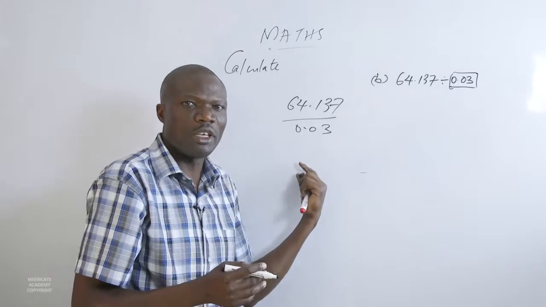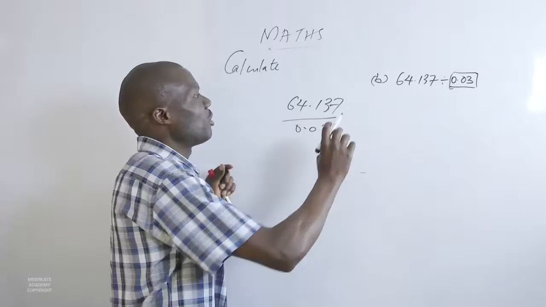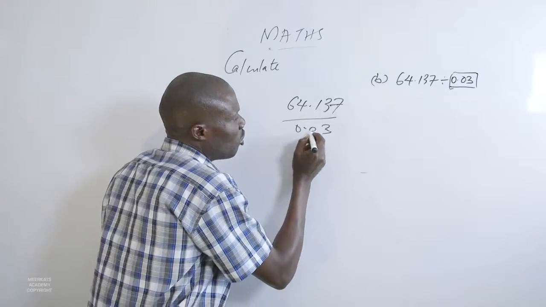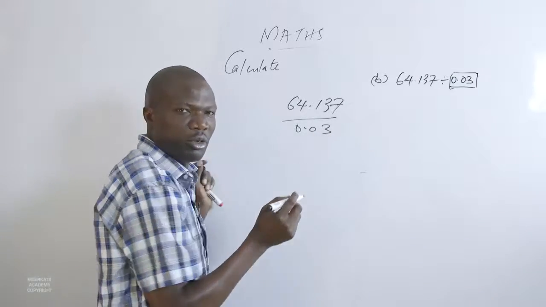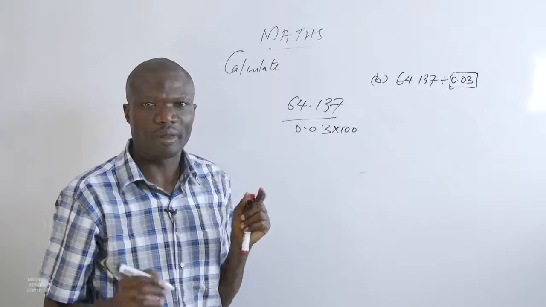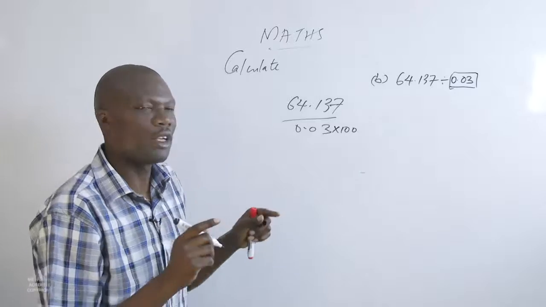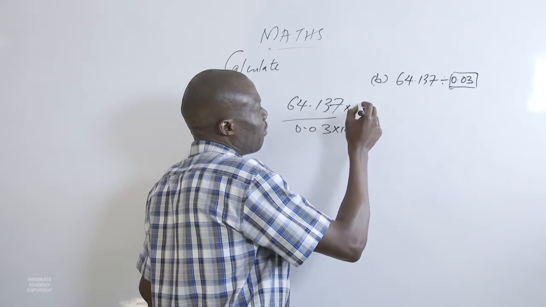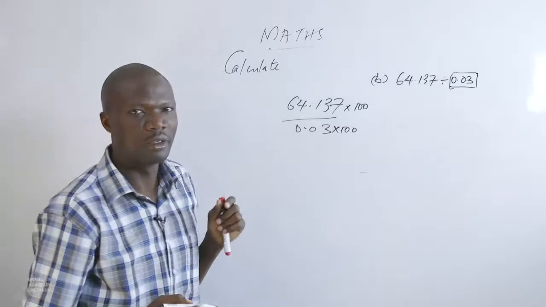Whatever happens on the denominator or the divisor should happen also on the numerator, which is our dividend. So for us to move to the right until we remain with 3, we realize we shall have to multiply by 100. The same should apply on the numerator. So take the numerator, also multiply by 100. Right?